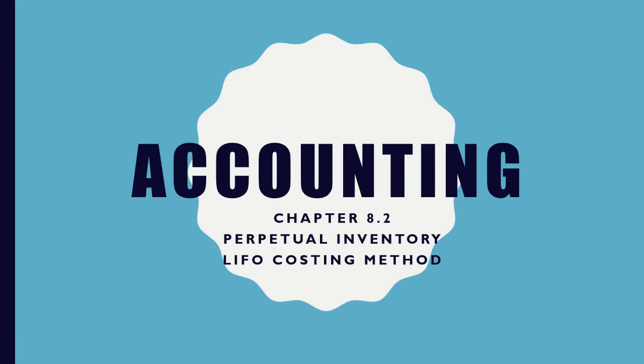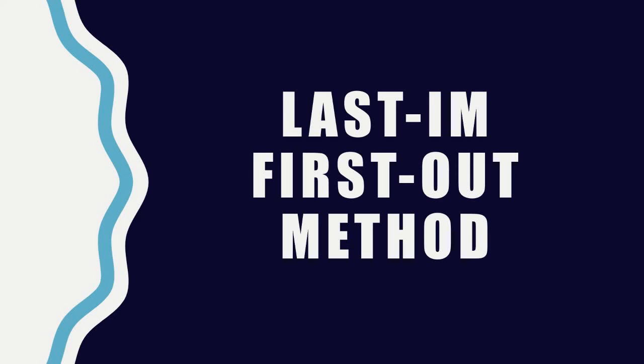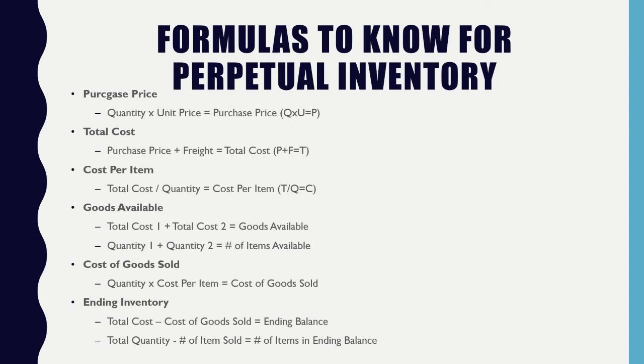Every single time you make a purchase, whatever order it is in, and you sell your inventory, you're constantly taking out the one you most recently purchased. So that is LIFO for you. Last in, first out method.